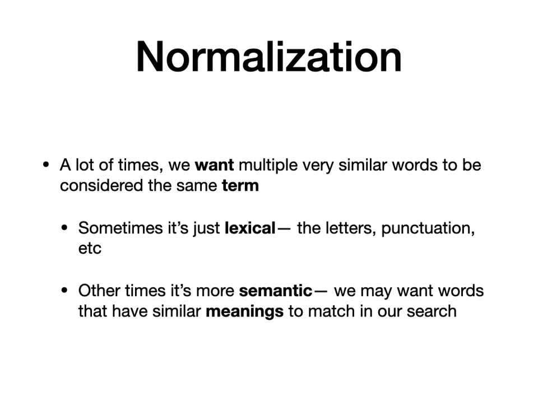So, normalization. The idea of normalization is taking very similar words out of our text, very similar tokens, and trying to get them to be considered the same term, right? So sometimes that's just about the letters, the capitalization, the punctuation, right? We're saying don't, and Don't, whatever, are all the same idea, right?